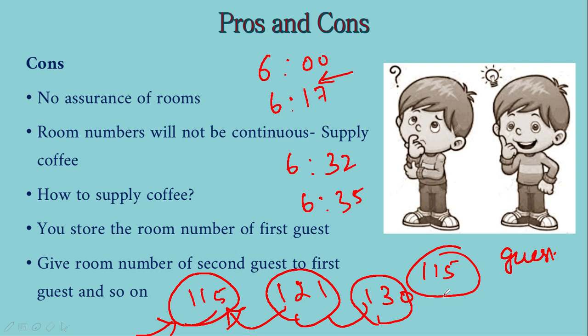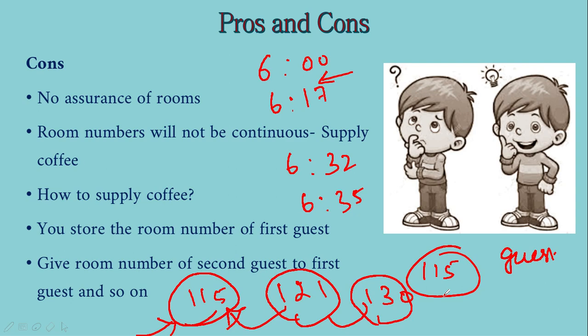And then what other difficulties will you have to face? For example, I cannot do random access, I cannot find my nth guest directly. Previously I was telling you, if I want to know the place of the 10th guest, I can just add to the first room number and locate it, right, that is possible.